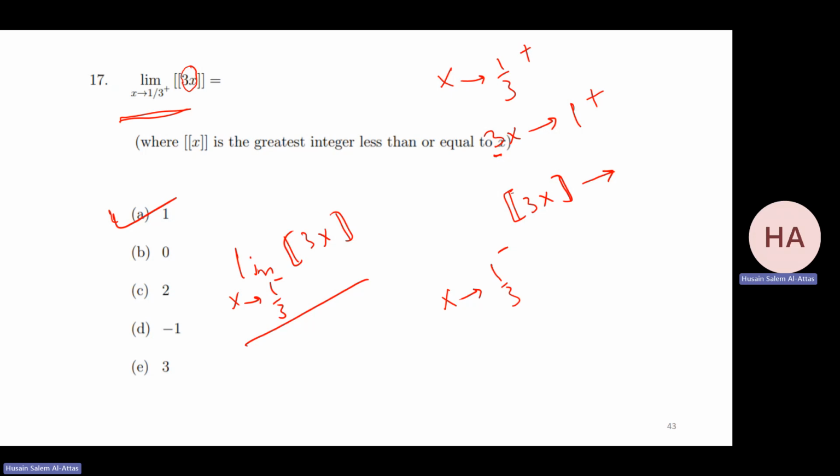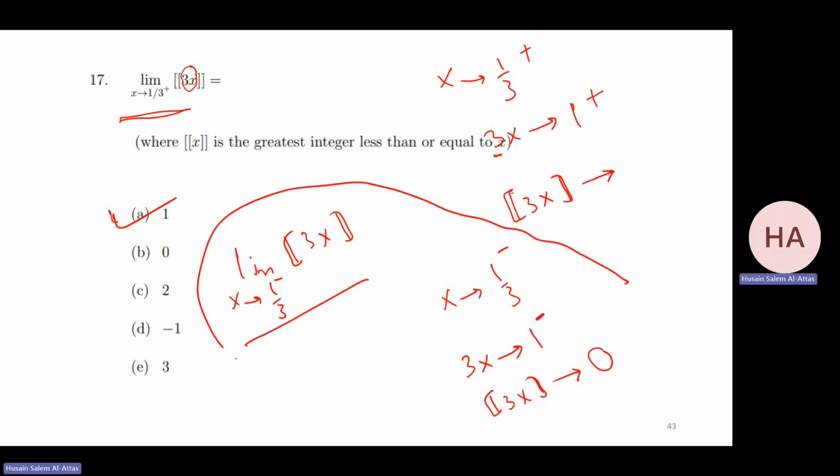Now we will not take more than 0.333, we'll take less than 0.333, like 0.32. Times 3 you get 0.96, which is less than 1. So what will be the greatest integer? For sure, it will go to 0. As I said, this is just another problem to make it clear, but the problem already finished here. So this is 1.